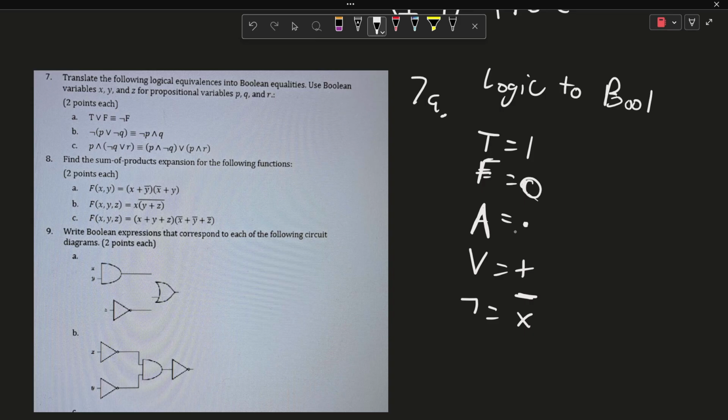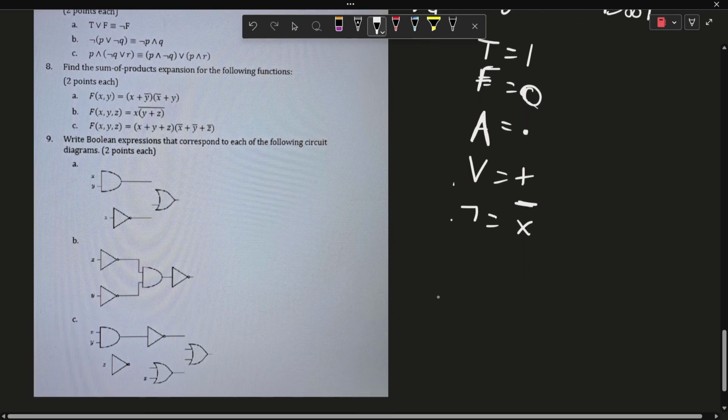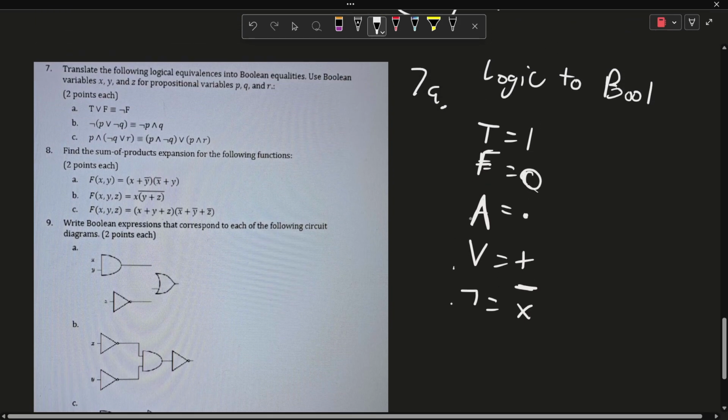I just remember it because of that. So if we go off of that, it's really just simple to do this.